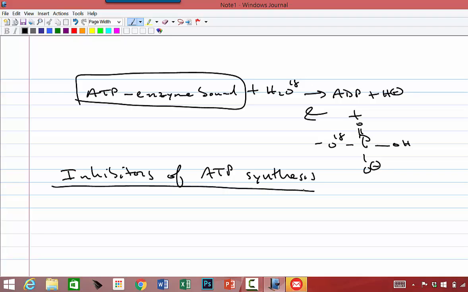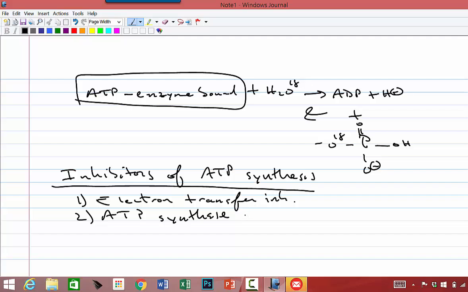And you'll be surprised to learn that some of these are pretty familiar. They actually belong to 4 different classes. One of them is going to be electron transfer inhibition. Another one is ATP synthase inhibition.